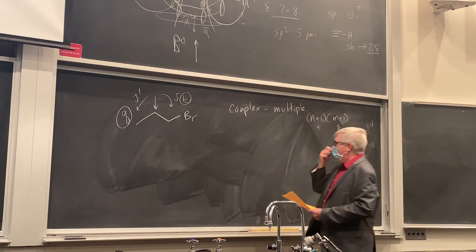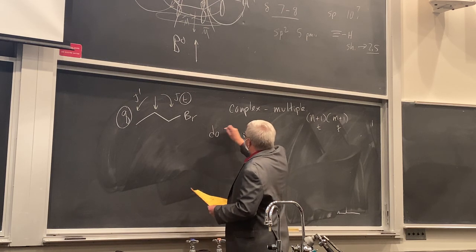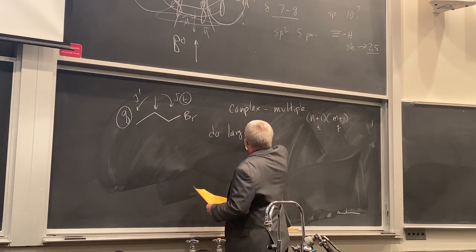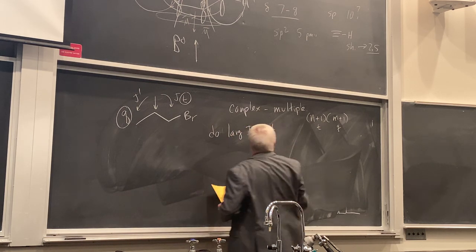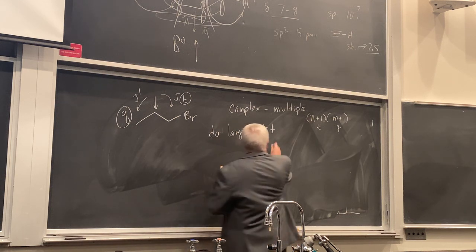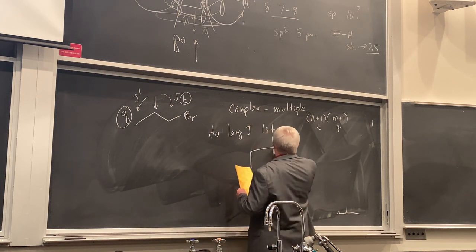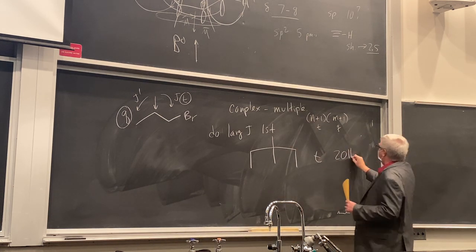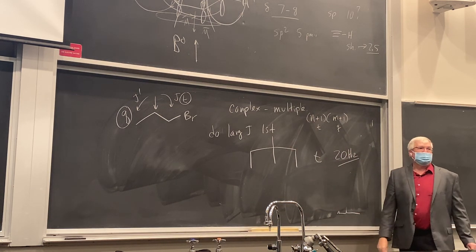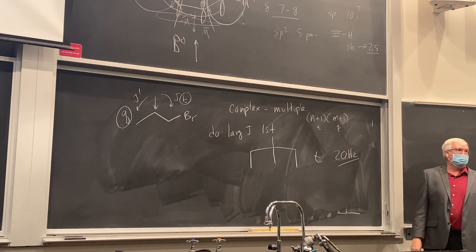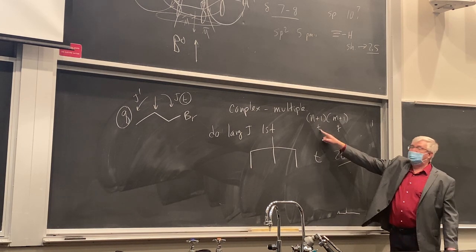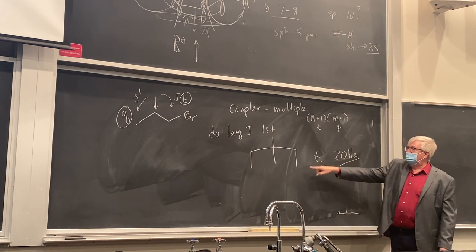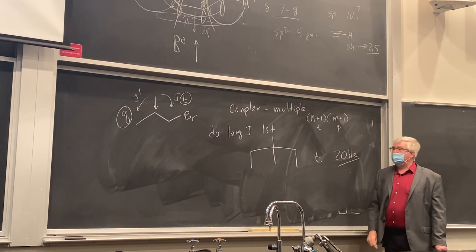So let me show you how to do this. Do the large J first. And the large J is this triplet, let's just say. There's our triplet, and let's just say, for the sake of argument, it's large. It's 20 hertz, so it's going to spread things out nicely. So that's quantum mechanically looking at the spin state of the methylene next door. It'll split out to a triplet.